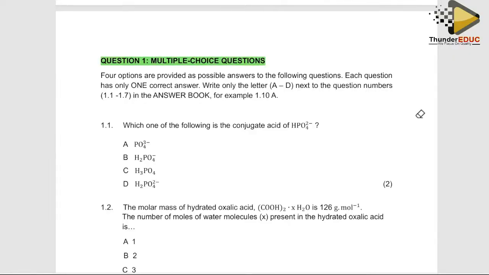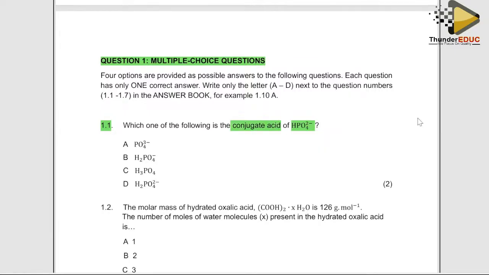So question number 1.1 reads, which one of the following is the conjugate acid of HPO4 2 negative? So we're looking for the conjugate acid. For us to answer this, we need to explain how a conjugate acid is formed.